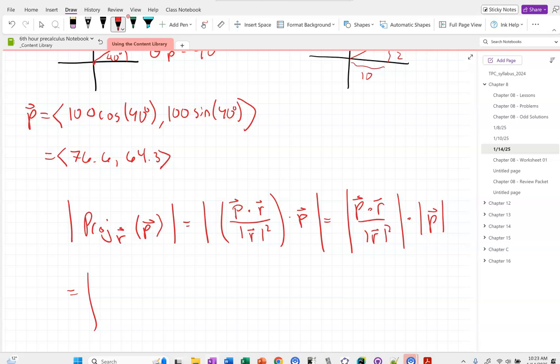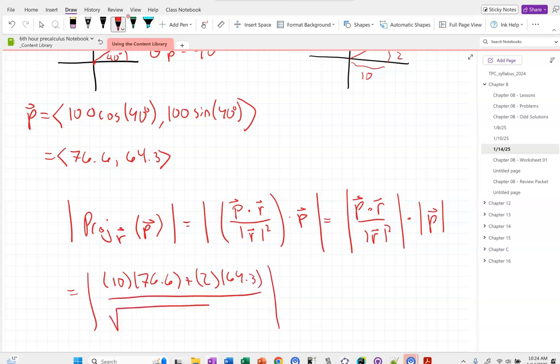So I'll do my dot product. So I have 10 times 76.6 plus 2 times 64.3 over the square root of 10 squared plus 2 squared, all squared. But I remember here the square root and the square just cancel each other out.